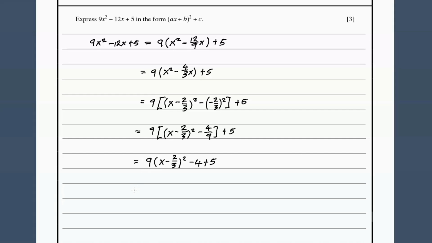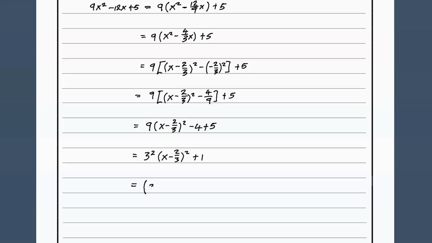So what we do here is we're going to express 9 as a square, so it's as good as 3 squared, and it's x minus 2/3 squared, and minus 4 plus 5 is actually 1, and this is as good as 3 of x minus 2/3 close bracket all squared, plus 1.